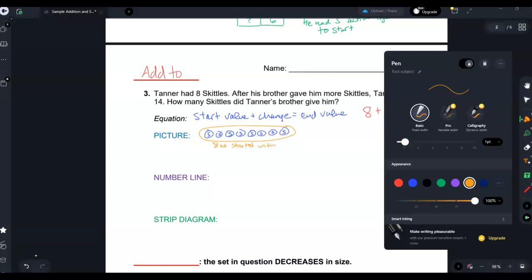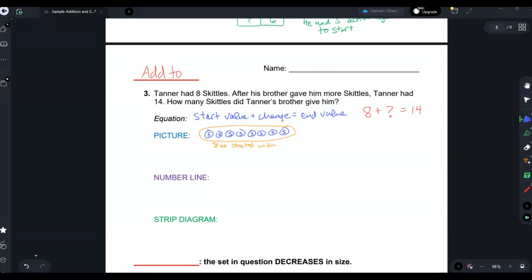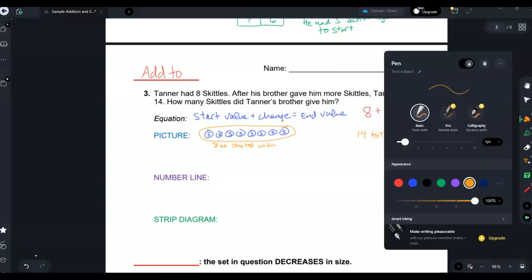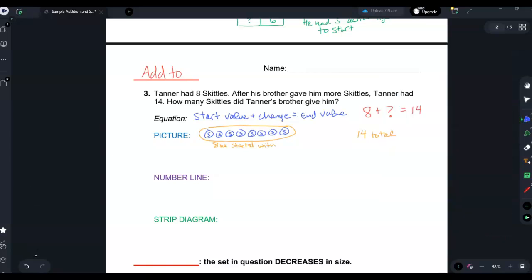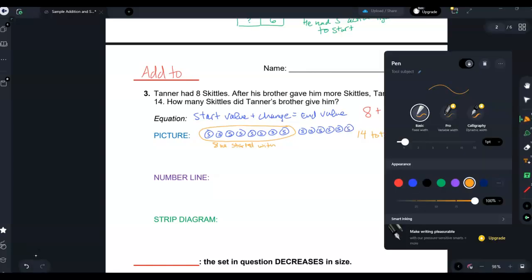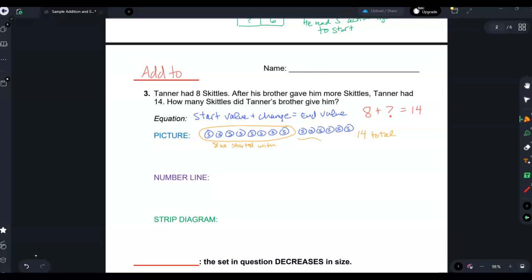And then we don't know what his brother gave him, but we know that we're going to have 14 total. So let's just keep adding Skittles until we get to 14. So right now we're at 8. So let's do 9, 10, 11, 12, 13, 14. And so that represents the ones that his brother gave.